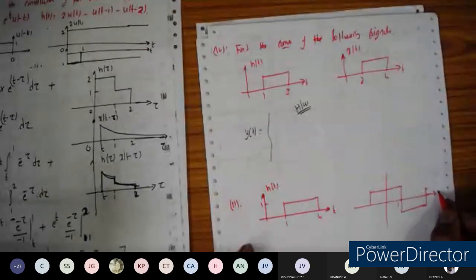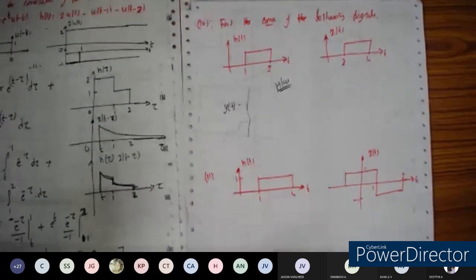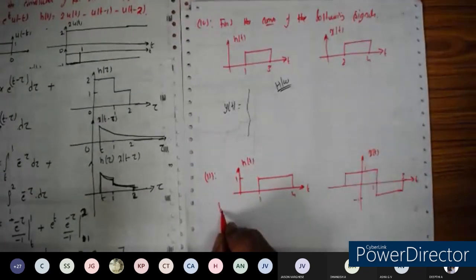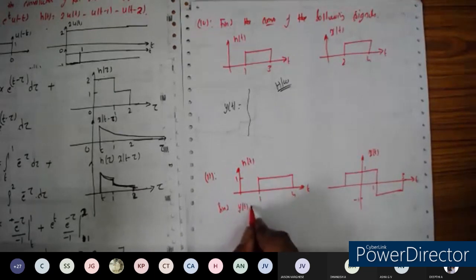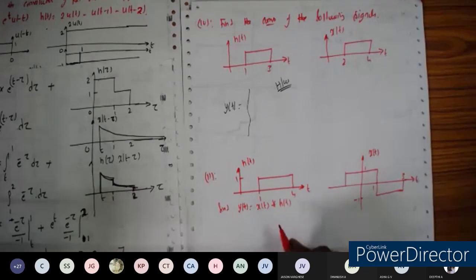So this is -1, this is +1. Let us call this the x of t. We need to find y of t is equal to x of t convolution with h of t.